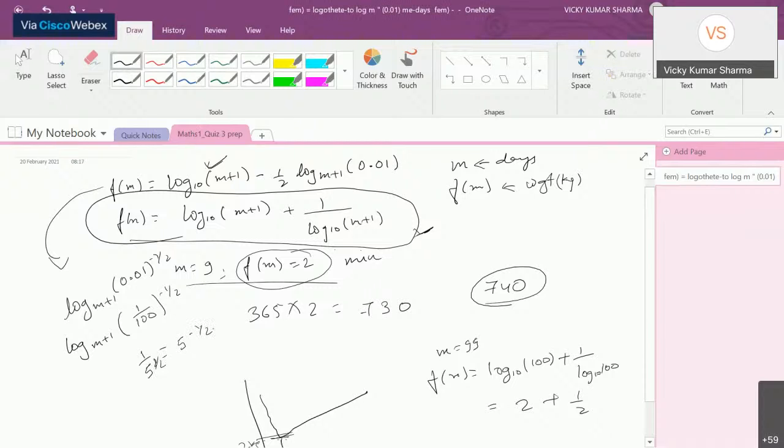Now similarly I can take this as m plus 1, and write 1 by 100 to the power of half. Correct?